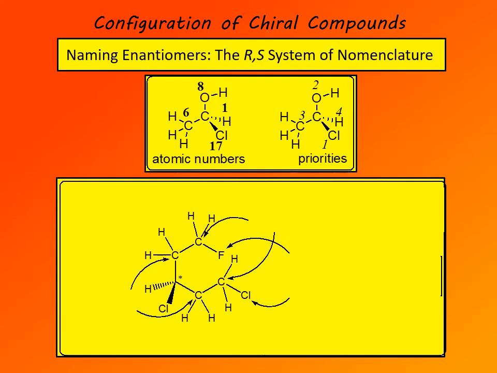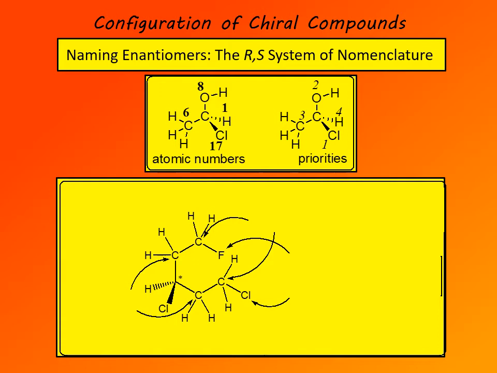Now, if two atoms from substituents are the same, then we have a tie, and we have to follow in each chain the path of the highest priority until we encounter a difference. You have already seen that before, and here is another exercise. Here the chirality center carbon is not shown, it's shown as a line formula, but the chirality center is indicated with an asterisk.